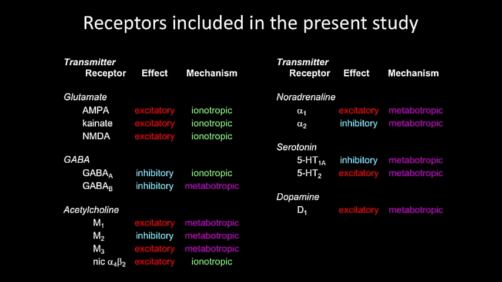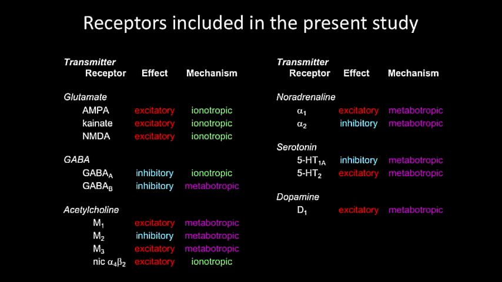Now, I have included in the study, which I would like to show you, not all possible receptors in the brain. These are more than 100 different types and subtypes. I have selected all classical transmitter systems like glutamate, GABA, acetylcholine, noradrenaline, serotonin, and dopamine.